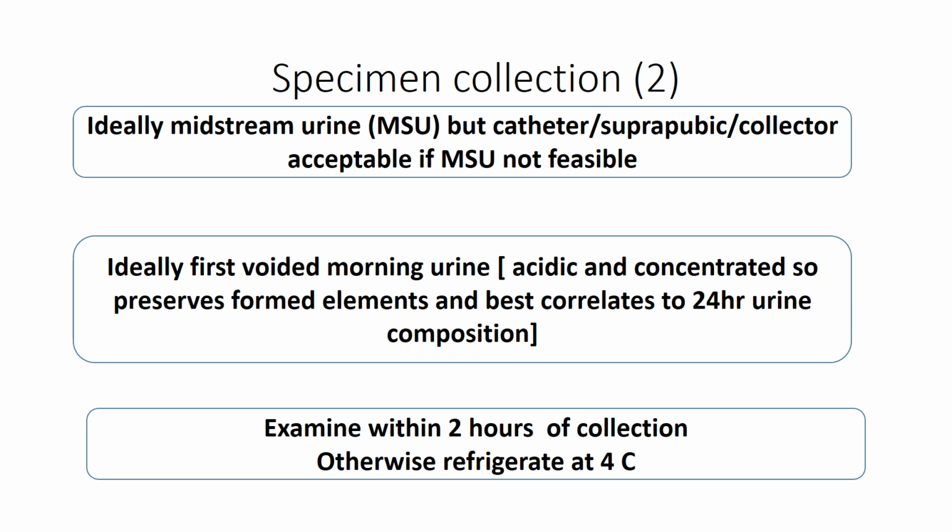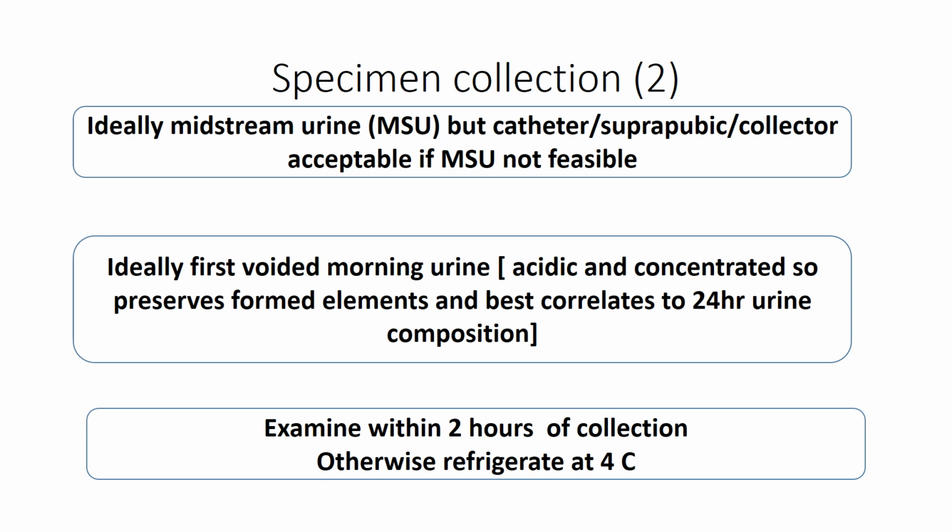Urine that is meant for urinalysis ideally should be collected using midstream urine, but I do appreciate that there are circumstances in which this may not be possible, like for example, if one is dealing with very small children, in which case one would use non-invasive methods like placing a urine collecting bag on the perineum, or in other circumstances like in the ICU when you're dealing with unconscious patients, you may have to catheterize the bladder, and in very rare circumstances you may do a suprapubic tap to obtain the urine specimen.